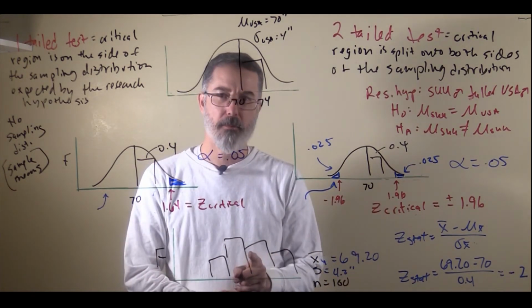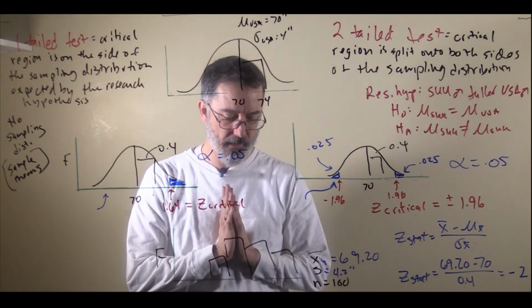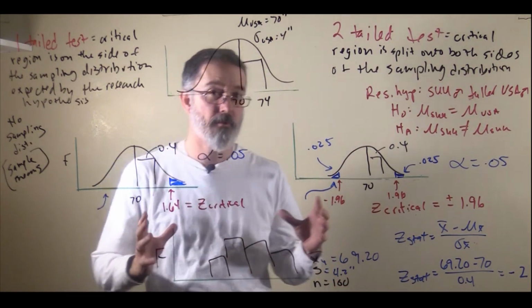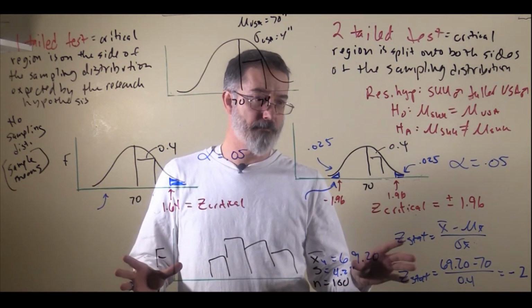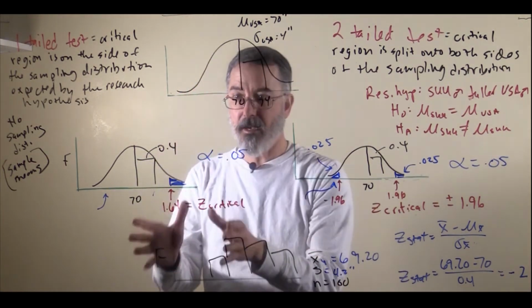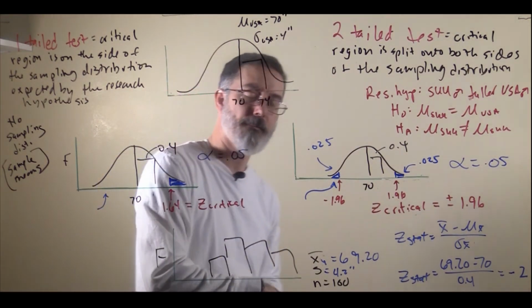And there's another problem with using a one-tailed test. And it's a problem that comes about just because of kind of human nature. So let's say I'm a researcher and I'm doing my test about SU men's heights. And I've decided, I want to do a one-tailed test because I think SU men are going to be taller.